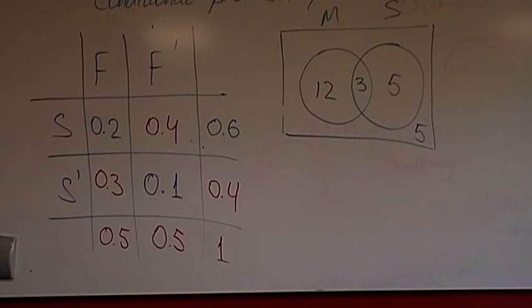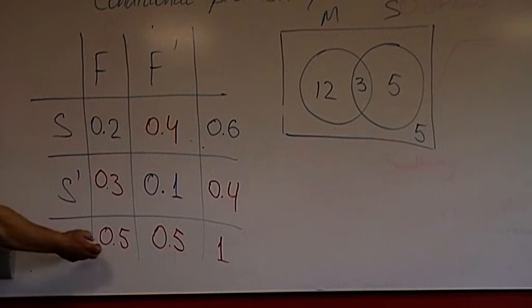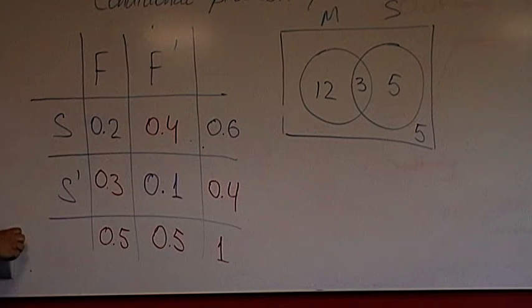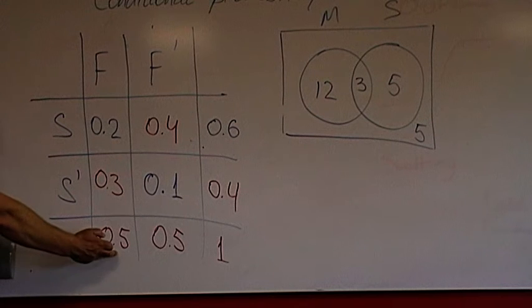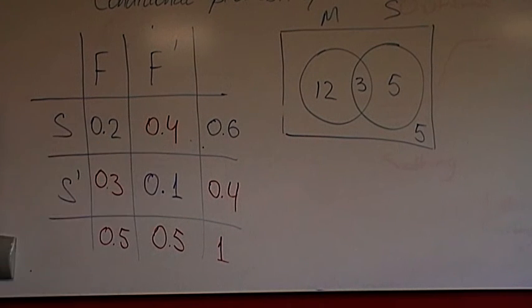What if you put another number in the bottom left corner, in the total for footy? If I put this number different, then I will need to change other numbers as well.